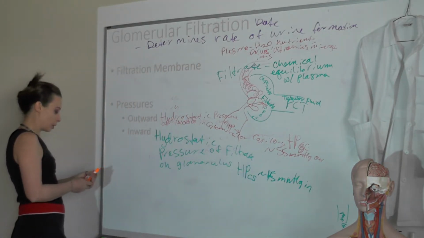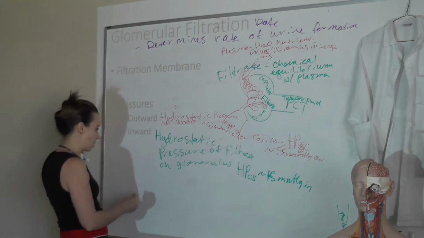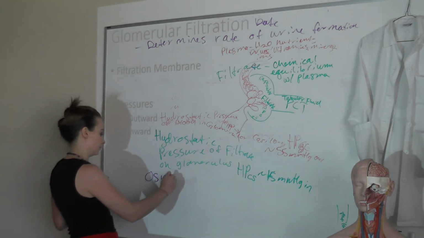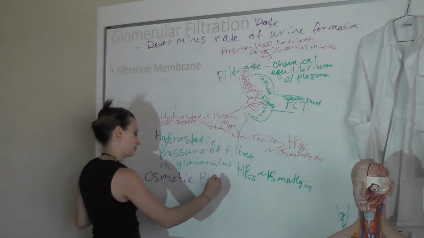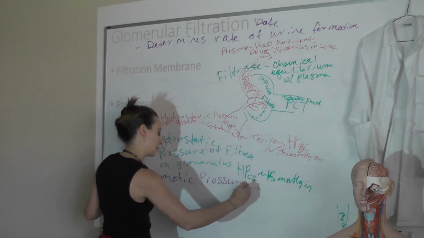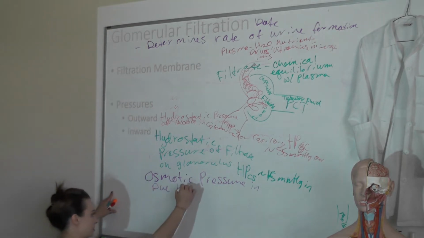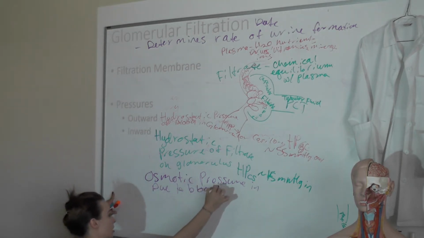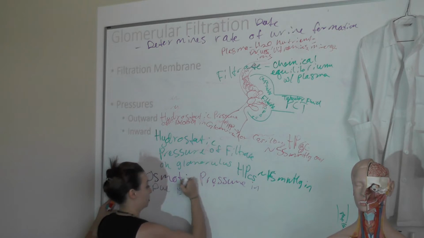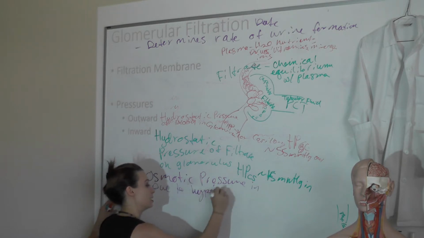So the other inward pressure is osmotic pressure in. And we could say this is due to the blood seeming hypertonic, or I'm actually going to say it's due to the hypertonicity of the blood.